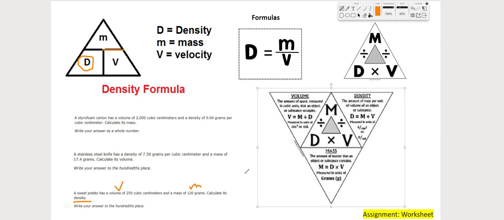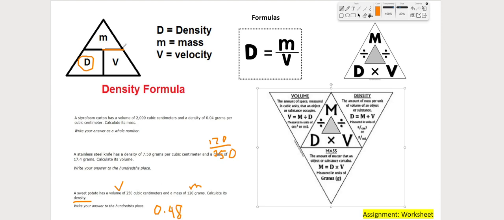In this case we're going to do the mass, which is 120, and divide that by 250 cubic centimeters. So 120 divided by 250 is 0.48.